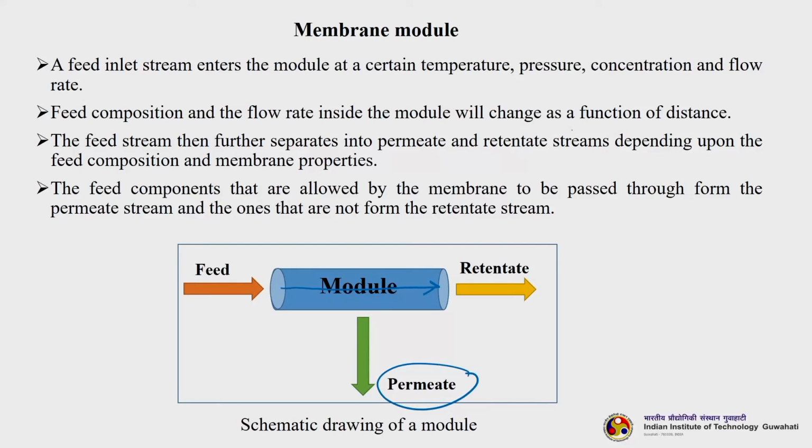The feed components that the membrane allows to pass form the permeate stream, and the ones that are not form the retentate stream. This is what we have understood earlier also. Whatever is rejected by the membrane, or retained on its surface, forms the retentate. Whatever passes through the membrane is the permeate.